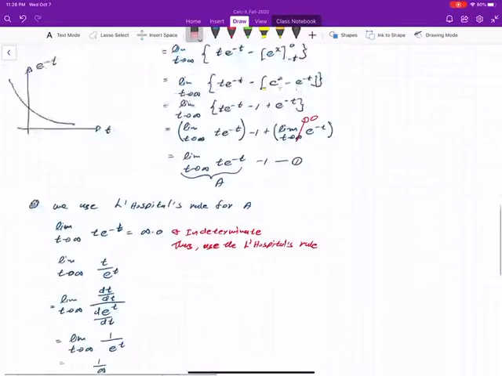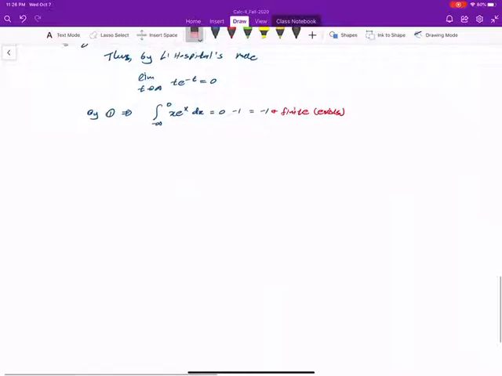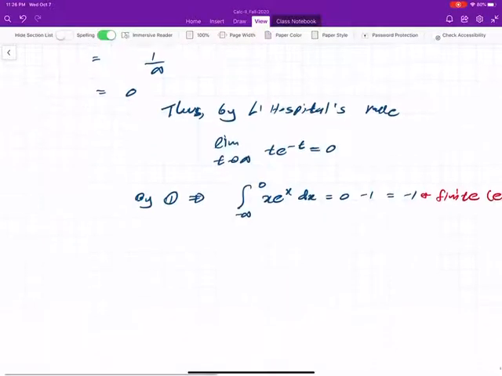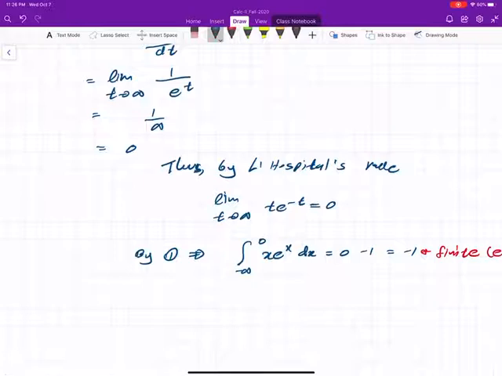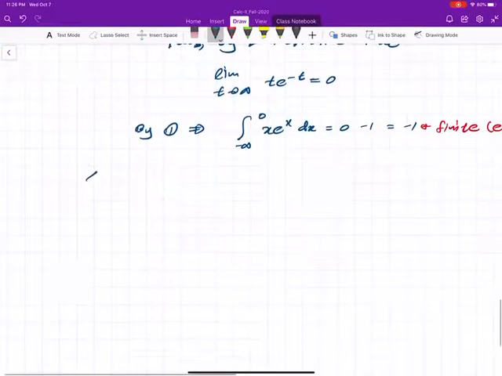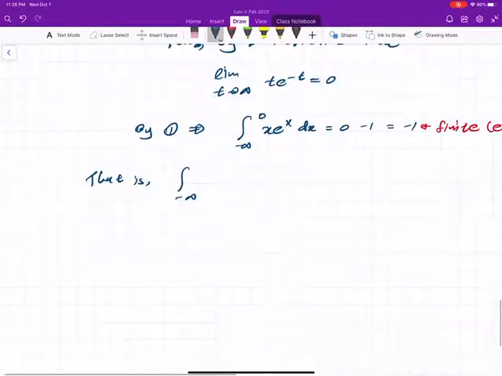You say the integral of x e to the power x dx is convergent.